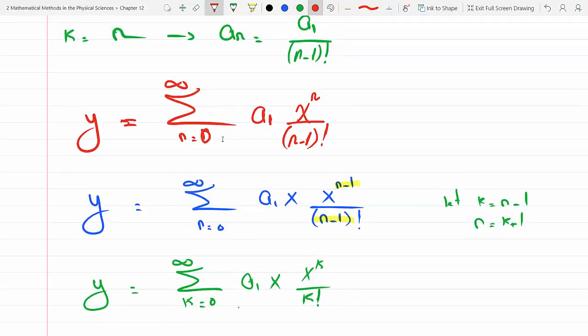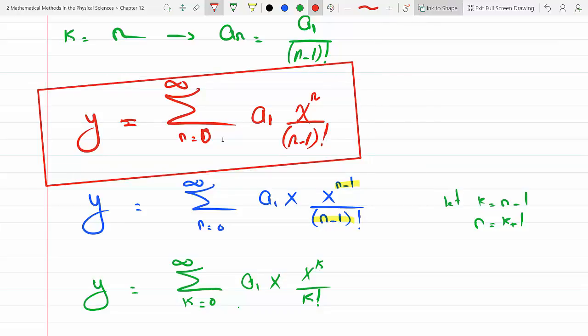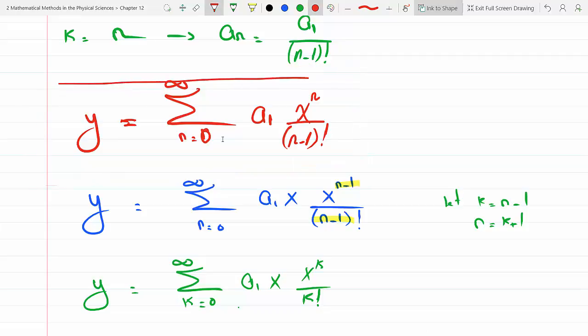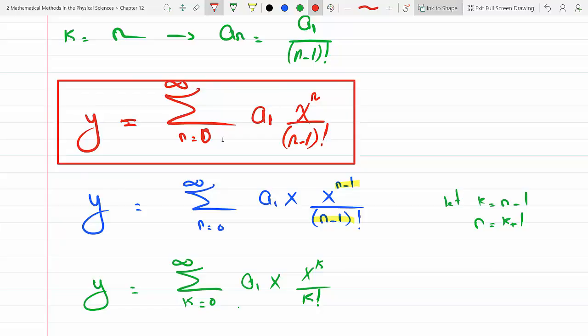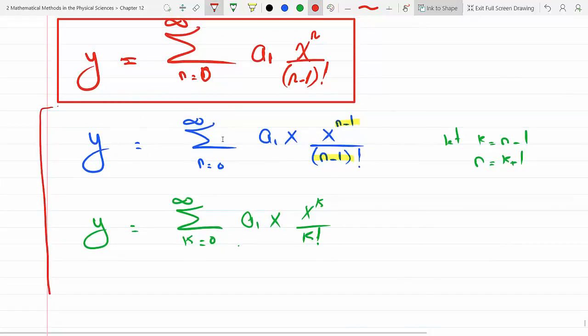But however, let me stick to this answer here, and this would be my final answer. This is the solution for the first order differential equation in the form of a power series, right? So let me continue here.